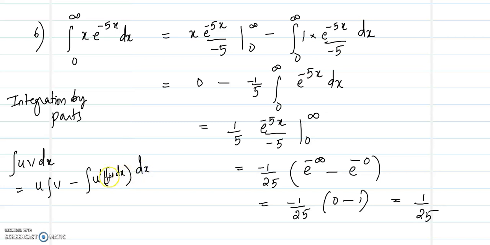So we need to find this integral and then u dash into this function. So we need to integrate that function. So this is what we'll be doing in integration by parts.